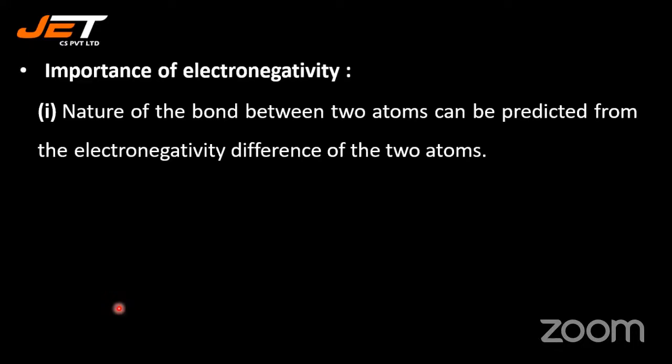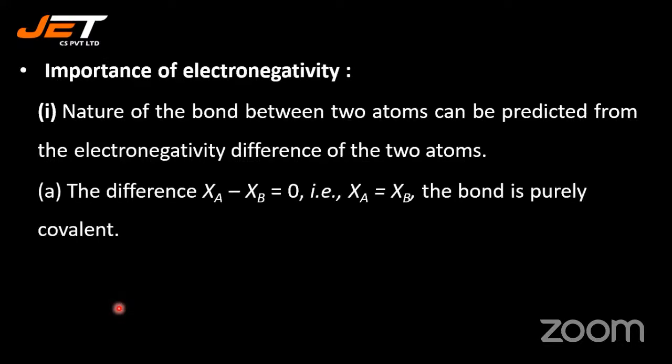So why are we studying electronegativity? Because the nature of the bond can be predicted. Okay. So which bond is covalent, which bond is not. If you are taking chemistry honors in future, you will be learning about this. Suppose fluorine is 4, right? And oxygen is 3.5.